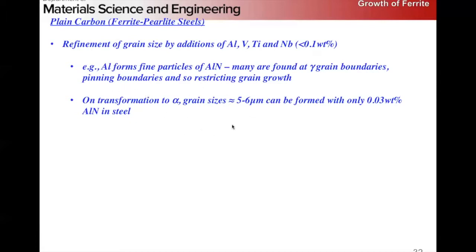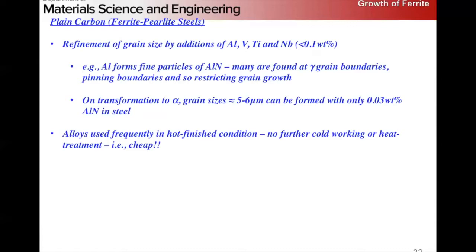And so we can get austenite or ferrite grain sizes of 5 to 6 microns if we have a very modest addition of 0.03 weight percent aluminum nitride, right?